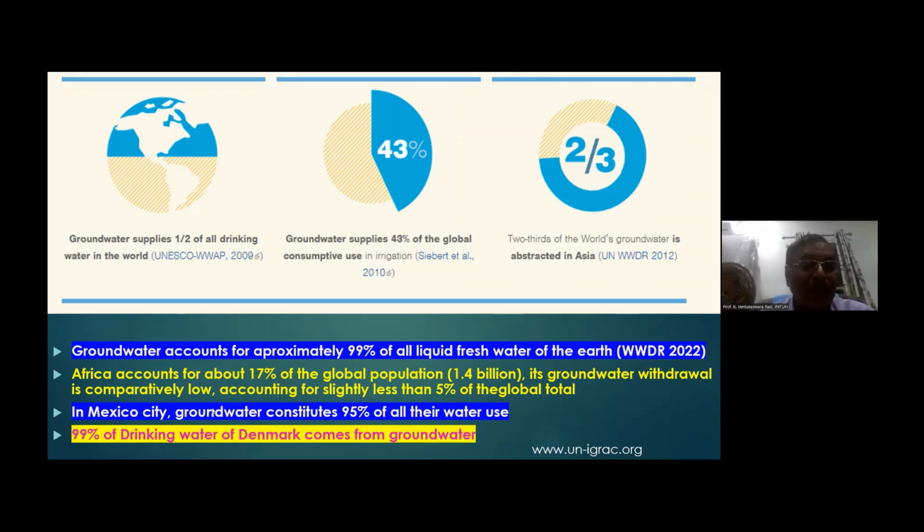In Mexico City, groundwater constitutes 95% of all the water use. So that is a very heavy use in Mexico City itself. Then 99% of drinking water of Denmark comes from groundwater. So these are some of the salient features of groundwater that we can see across the globe.